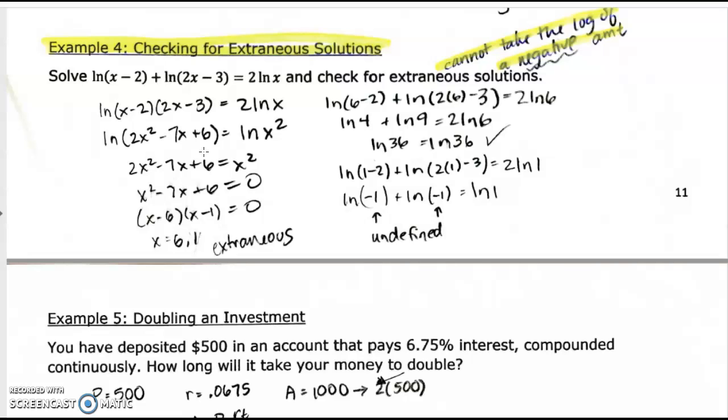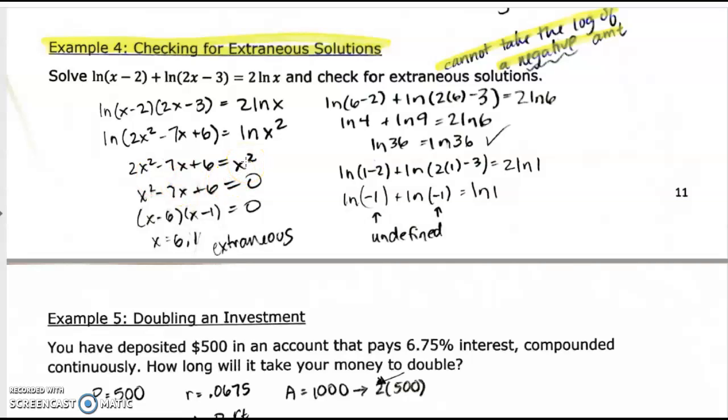Once I've done that, I can come over to this side, and I don't need to condense anything using the product rule, but I do have a coefficient in front that, if I divide it on both sides, doesn't help me because I just end up having a coefficient on the other side. So what I do is apply the power rule, and a coefficient of a logarithm becomes an exponent. So now I have matching logs on both sides, so I can drop my natural logs and then just solve the resulting equation.